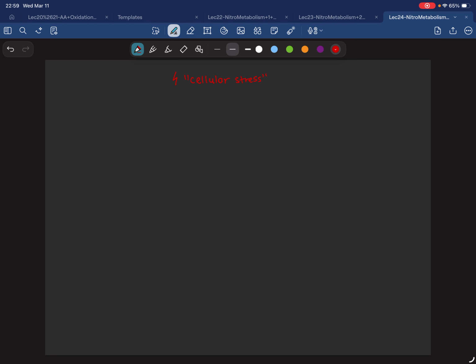If your instructions are broken, you want to contain that damage. Otherwise, if you keep replicating on broken instructions, you can propagate a mutation, and you can cause all sorts of bad things to happen. So whenever your cell undergoes cellular stress, a protein called p53 is generated.